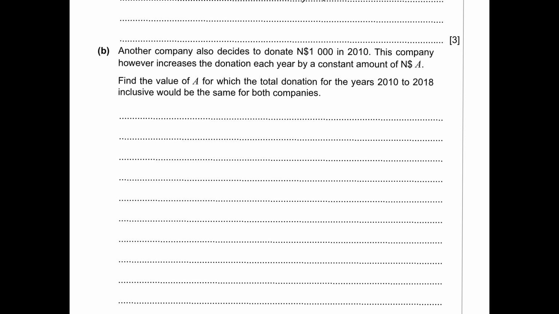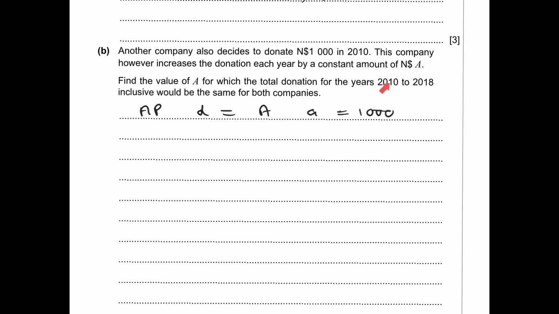So we have a common difference. The type of sequence here is an arithmetic progression, where our common difference is A, and, as we have been told, our first term a is 1,000. That was the first amount donated.